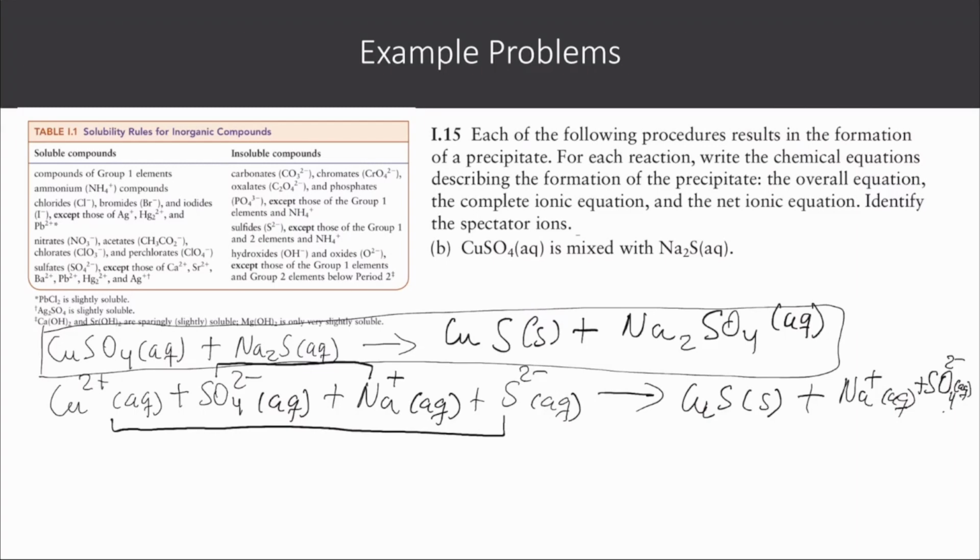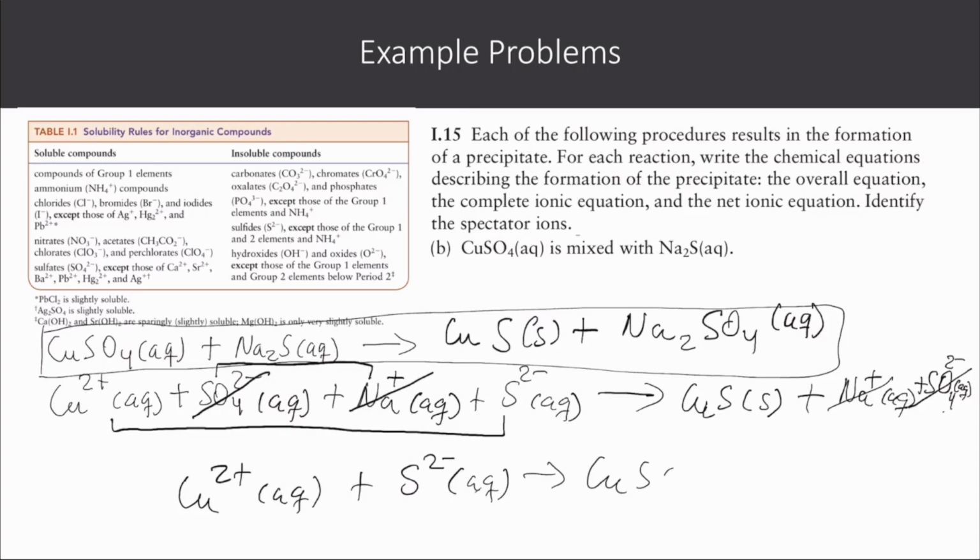Then we cancel the ions on the left and the right hand side. The ones that we cancel are sodium, sodium, and then the sulfate ions on both sides. And the equation that we get is copper 2 plus aqueous plus sulfide 2 minus aqueous going to copper sulfide solid.